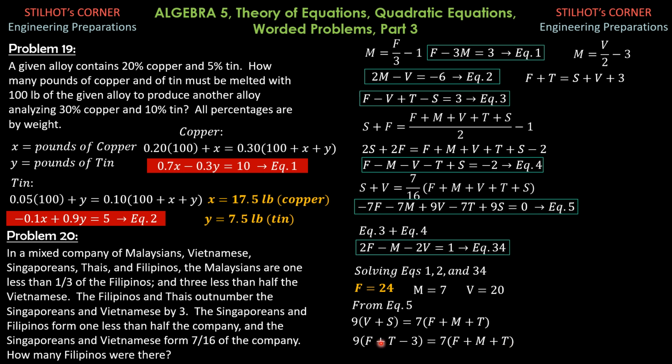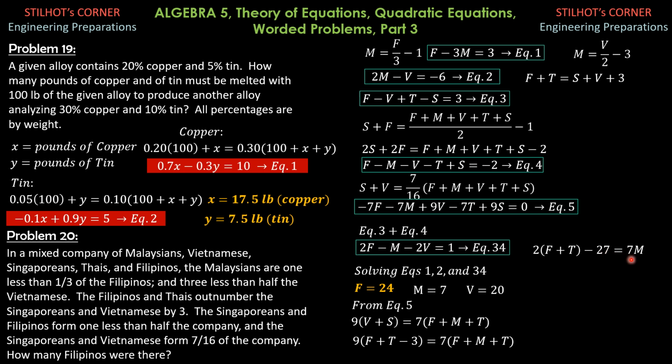From there, 9 times F plus T minus 7 times F plus T is 2 times F plus T, then minus 27. What remains on the right side is 7M. So 2 times the quantity F plus T minus 27 equals 7M. We combine 9 times the quantity F plus T with 7 times the quantity F plus T, so we have 2 times the quantity F plus T. Then 9 times negative 3 is negative 27.